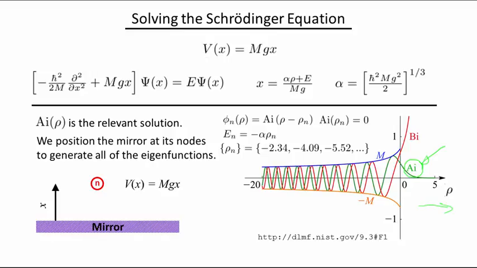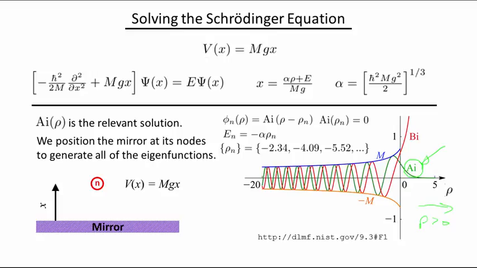That is the only acceptable solution in the region rho greater than 0, because the only other possible solution there would involve an admixture of Bi, because any solution in this region can be written as a linear combination of Ai and Bi. The one unique solution, up to some overall constant multiple factor, is Ai.